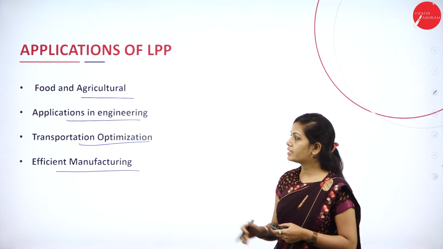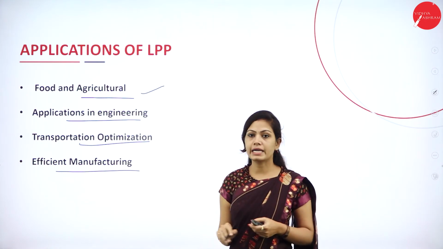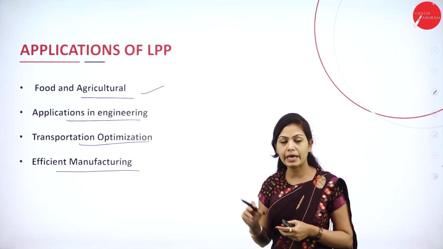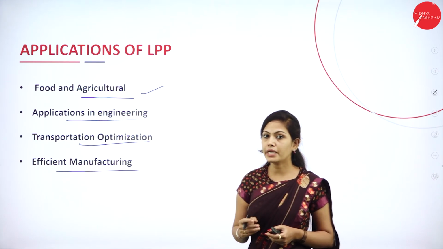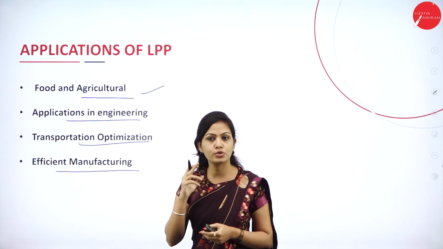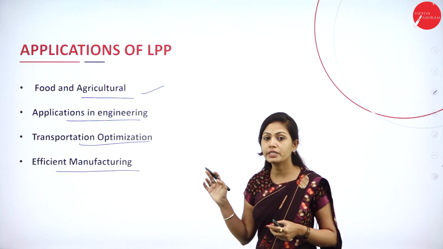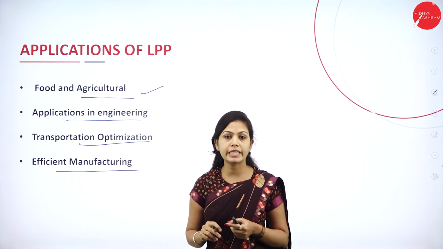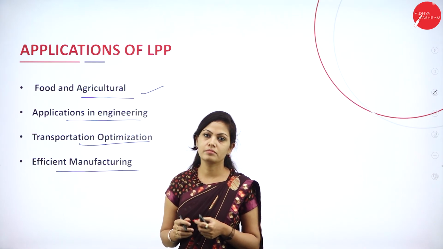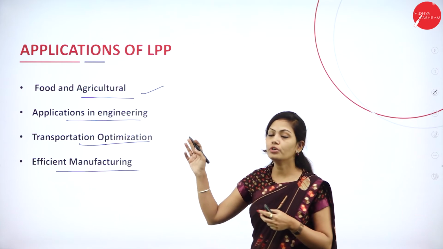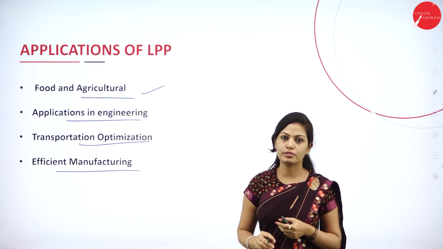The first application is food and agriculture. Farmers apply linear programming techniques to their work by determining what crops they should grow, the quantity of it, and how efficiently they can increase their revenue.